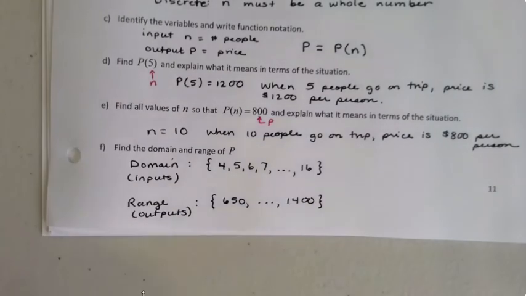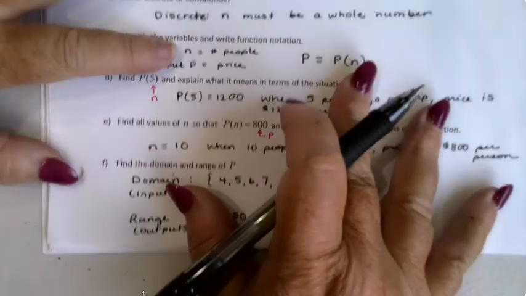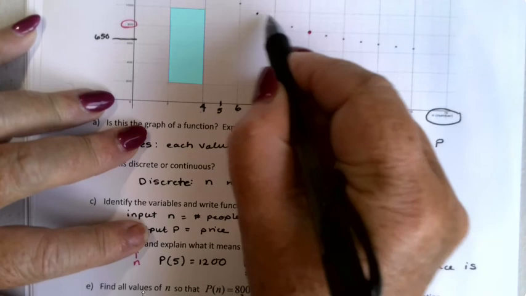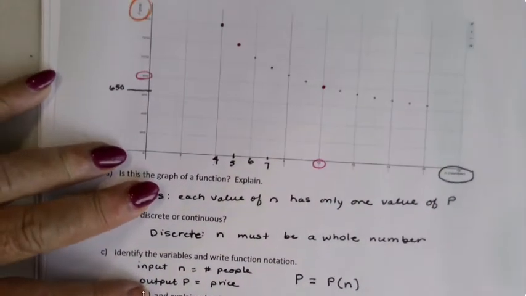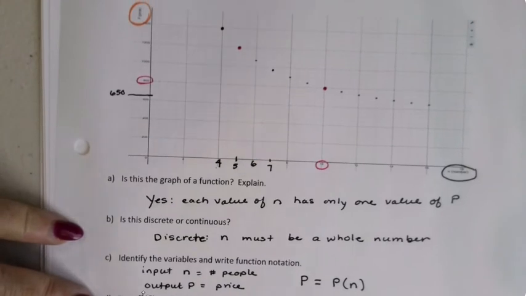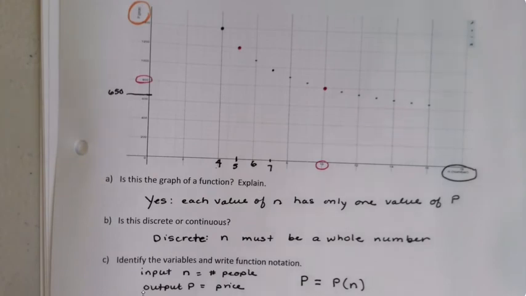Now, a couple of things about how I've listed that. I could go through, and if I had the time, and I don't want to take your time to do this, I could actually have listed literally every single value in here because they are discrete. But there's no specific pattern that's obvious, I don't think. And so rather than showing a pattern like I did with the domain, right, it's every whole number, 4, 5, 6, etc., I simply listed the smallest and the largest.